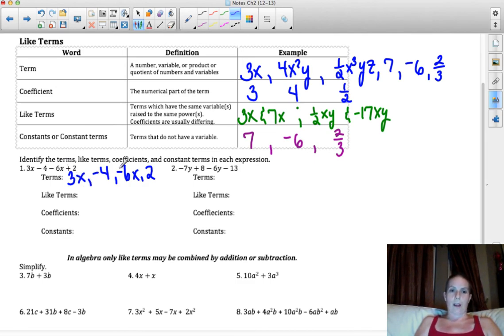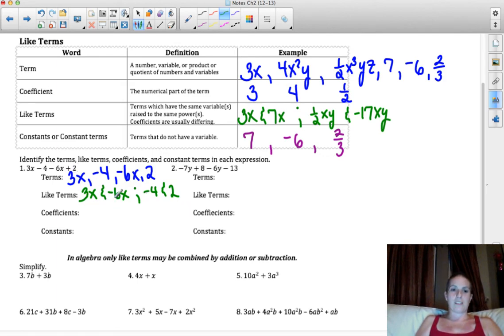Now we need to list our like terms. We have 2 pairs in this problem. The first pair of 3x and -6x. And the second pair of -4 and +2.